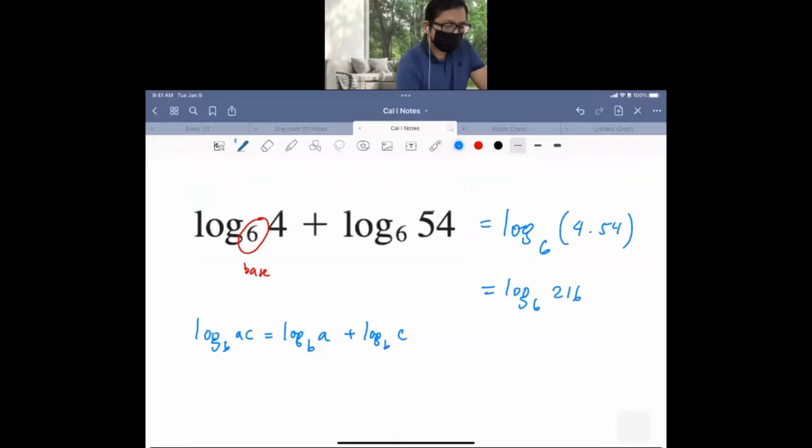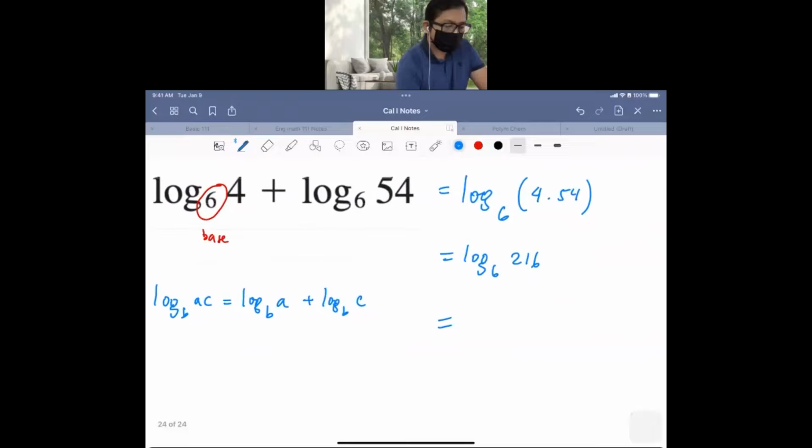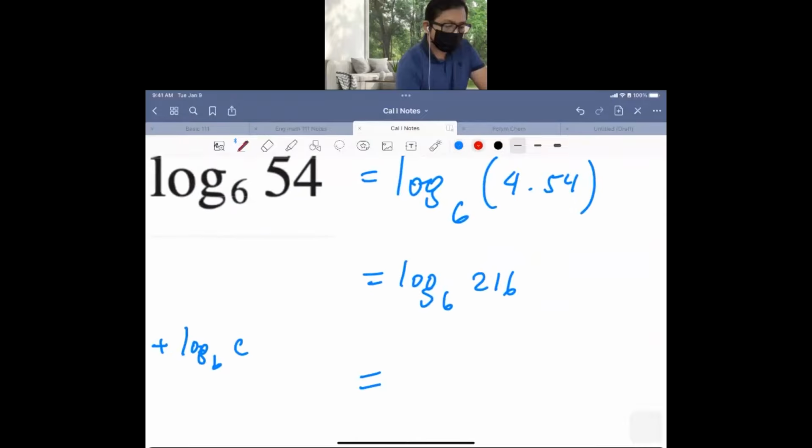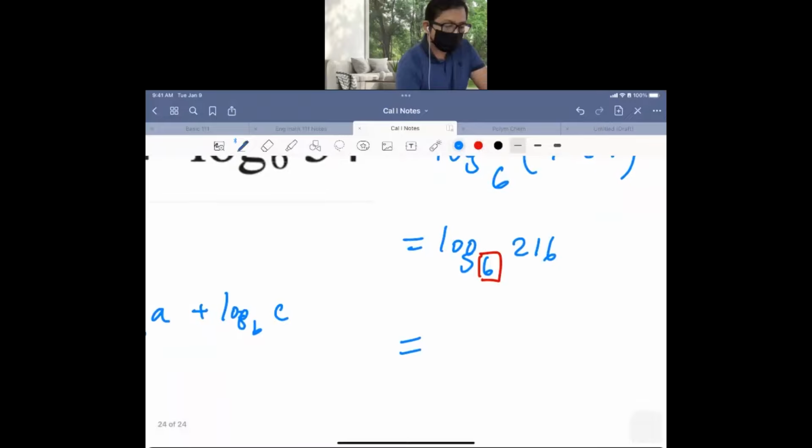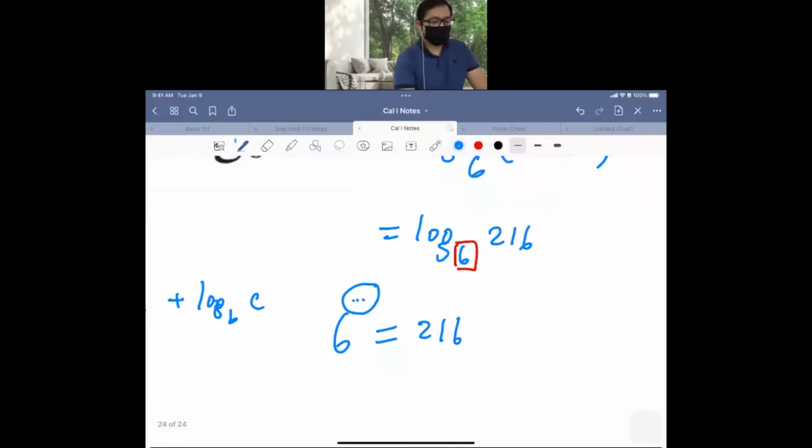Now in log, what we are looking for is the power. So the right or logical question to define this log is, what power should we add for 6 to become 216? So this is actually 6 with power of something should be 216, and this will be our answer, which is 3.